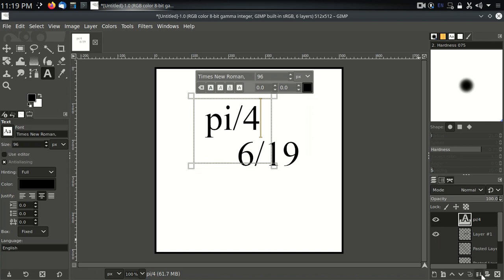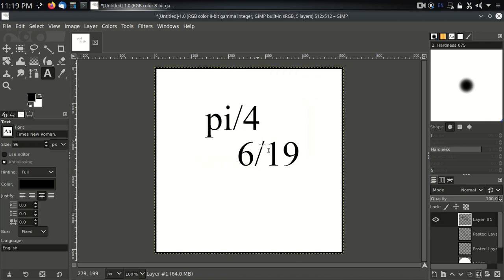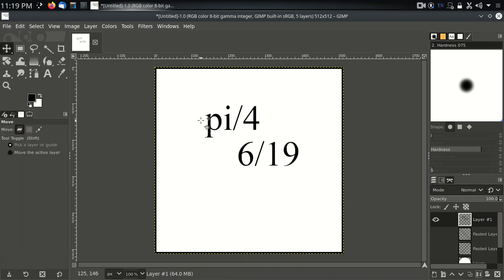There we go, and anchor that. Okay, what does this mean? What does pi on 4 mean? Well, pi represents a circle, and 4 represents a square. And as I've noted before, it's weird that pi is so large. It shouldn't be that large. Pi on 4 is actually the size that it should be.